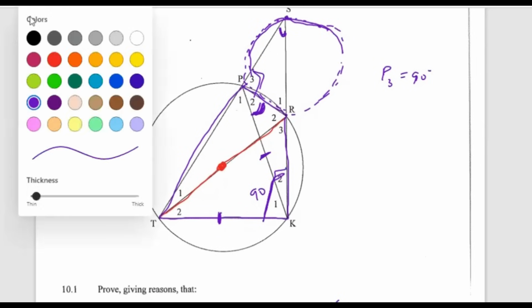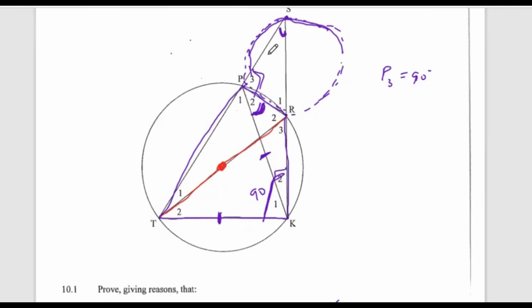So from this drawing of mine, I can see that R1, this angle, is going to be the same as T1 plus T2, because that is an exterior angle of the cyclic quad.